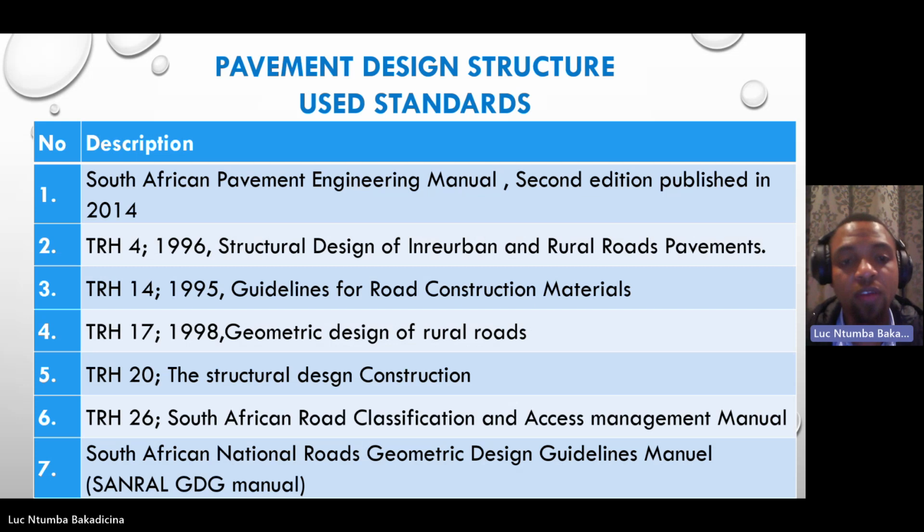So in pavement design structure, we use a couple of standards, and amongst them we have the South African Pavement Engineering Manual, second edition, published in 2014. We use the TRH4 1996, TRH14, TRH17, TRH20, and TRH26, which were the standards used in our design.